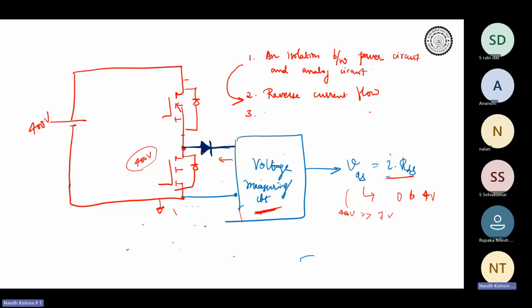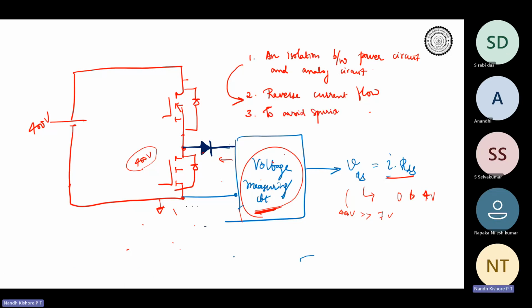You don't want this voltage measurement circuit to spuriously give a false trigger of the overcurrent mechanism when the device is in the off state, to avoid spurious overcurrent protection. Fine.